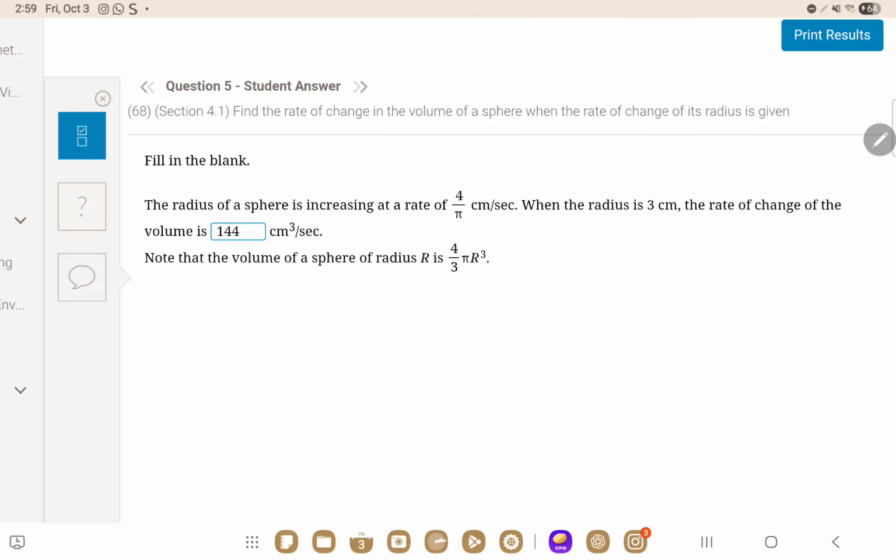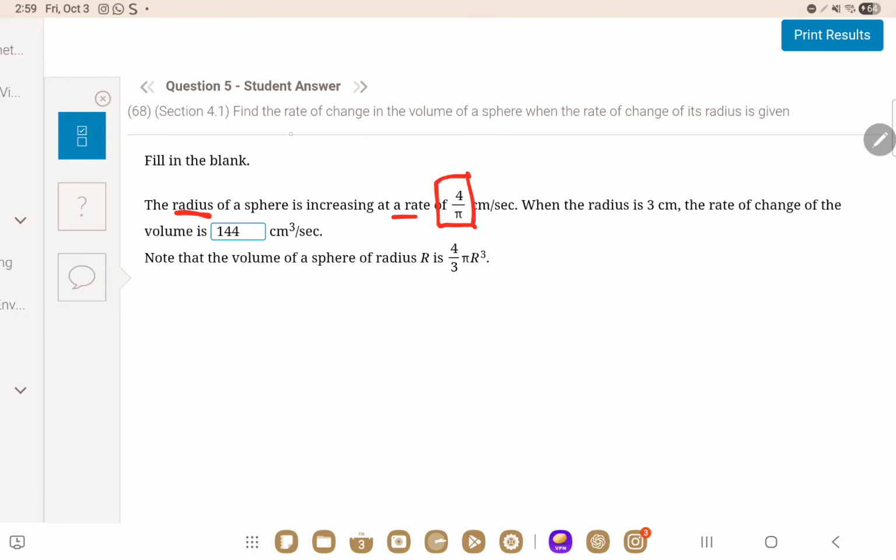Now, look. The radius of the sphere is increasing at this rate. When the radius is 3, find the rate of change in volume. Now, we need to translate everything we're reading. The radius of the sphere is increasing at a rate of 4 over pi centimeters per second.